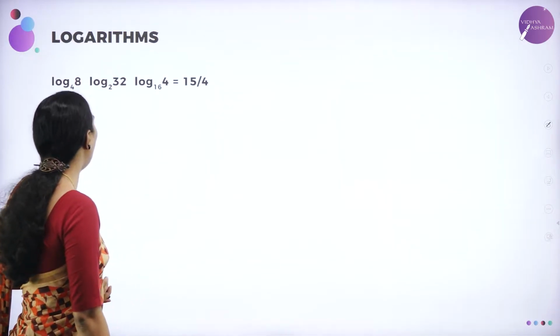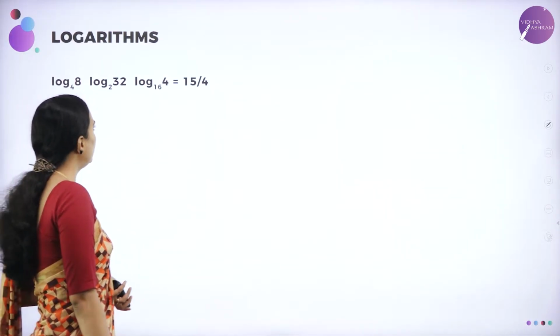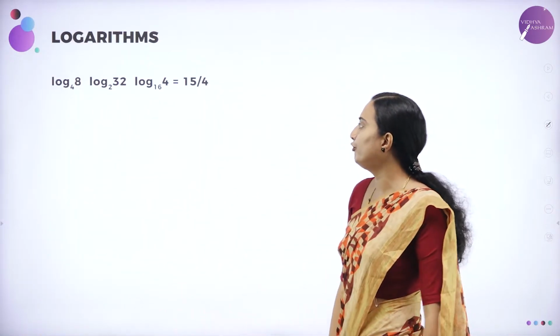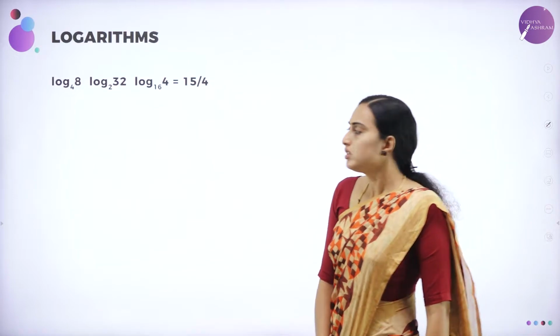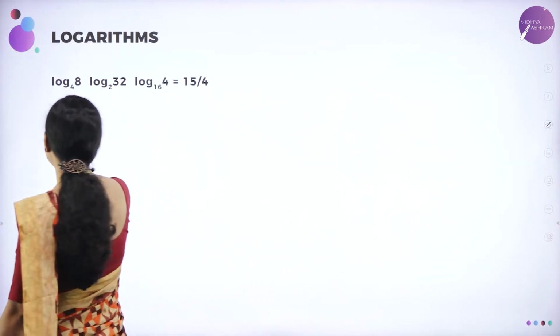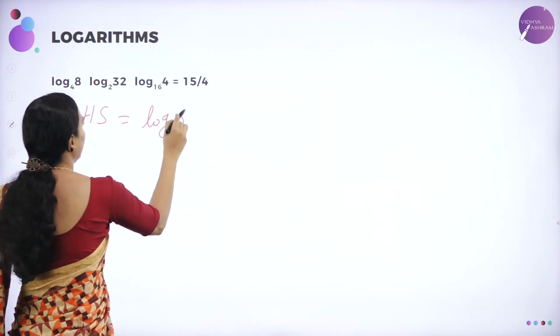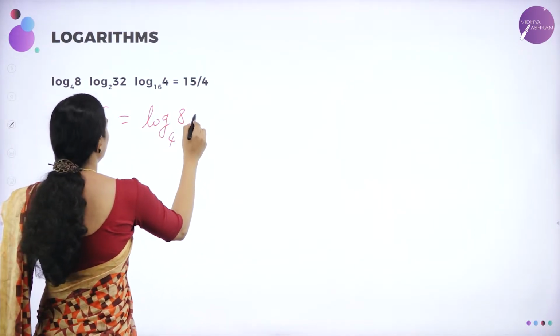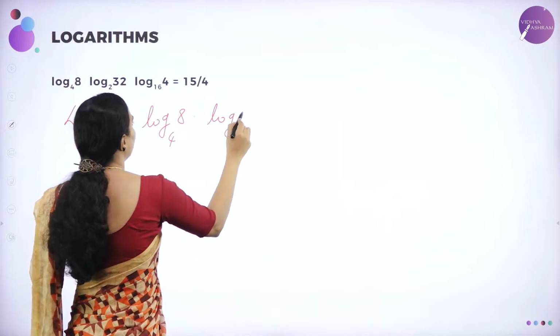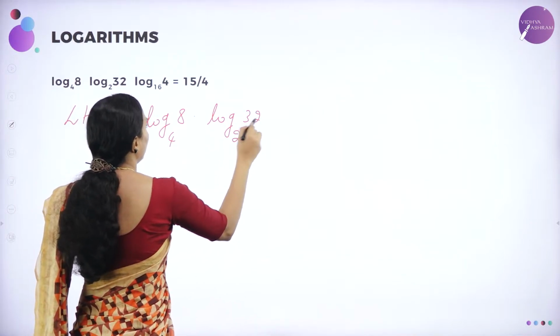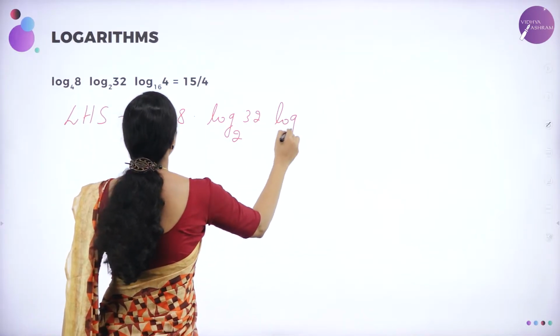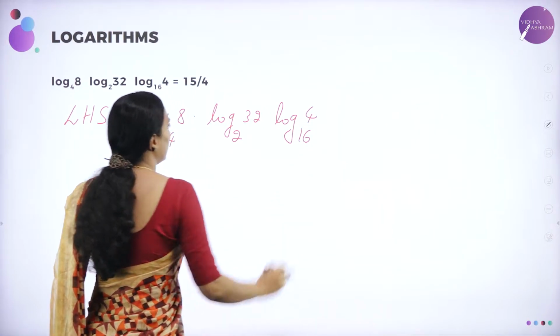Prove that log 8 to base 4, log 32 to base 2, log 4 to base 16 is equal to 15 divided by 4. So let me take the LHS here. LHS you are going to have as log 8 to base 4 into log 32 to base 2 into log 4 to base 16.